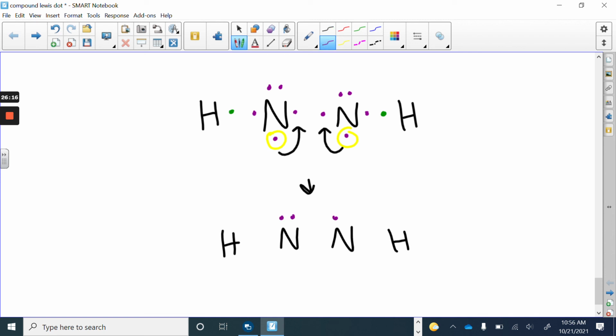These two, one between the hydrogens, and we actually have four between the nitrogens now. And draw hydrogens. And that is the Lewis dot structure for dinitrogen dihydride.